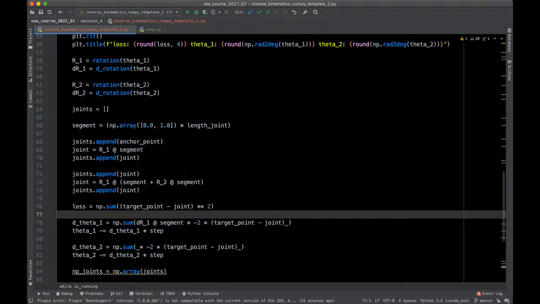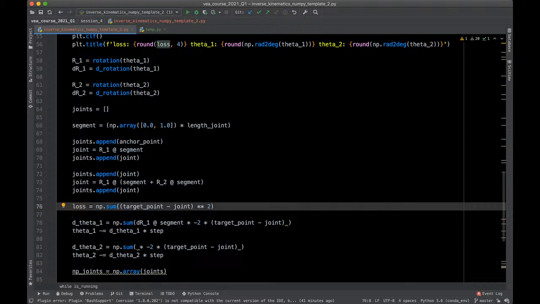So now this part for theta 2 doesn't change. That is great. And then we would multiply the inner part. Okay, so it should be, I think, R1.